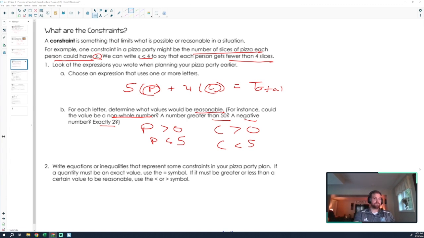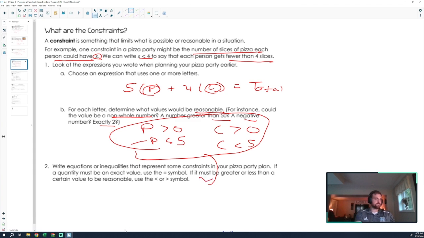And to be fair, we already did that in part B. Whoops. I guess more so part B was asking about non-whole numbers or greater than 50, all those things. But really, we kind of came up with some reasonable constraints right here.